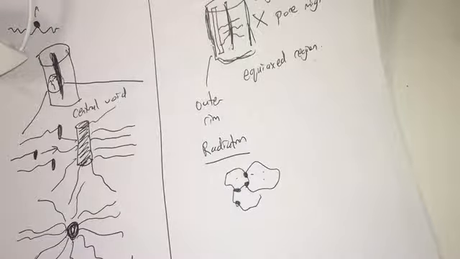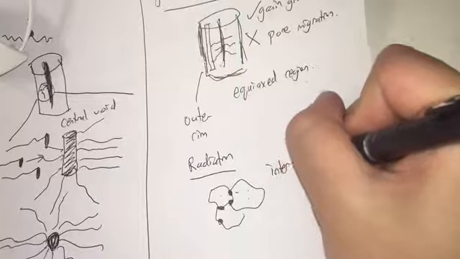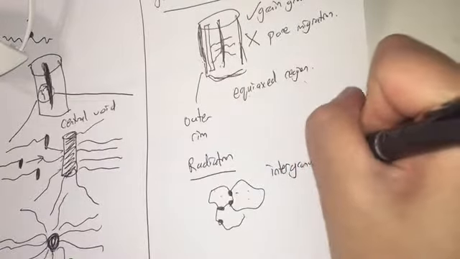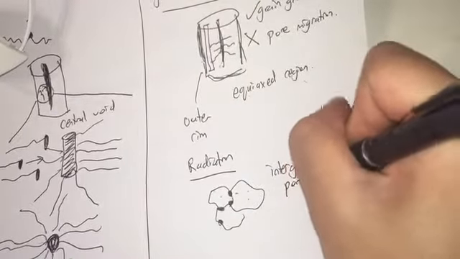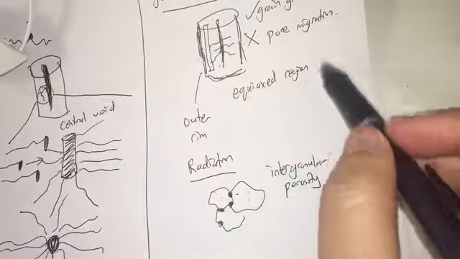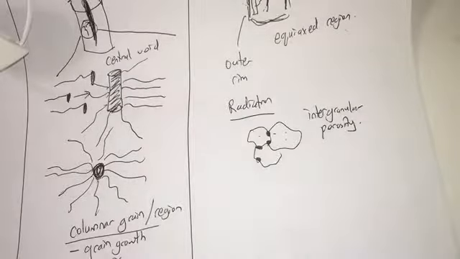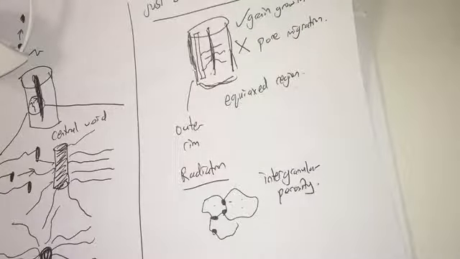And here we will have what we call intergranular porosity. This happens throughout all three regions, the outer region, the equiaxed region, and even the columnar region. All this will happen because of the Frenkel pairs that are being generated.